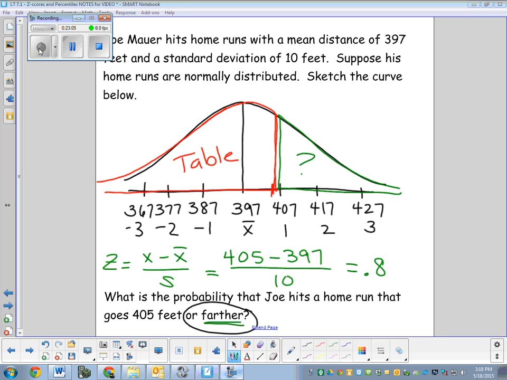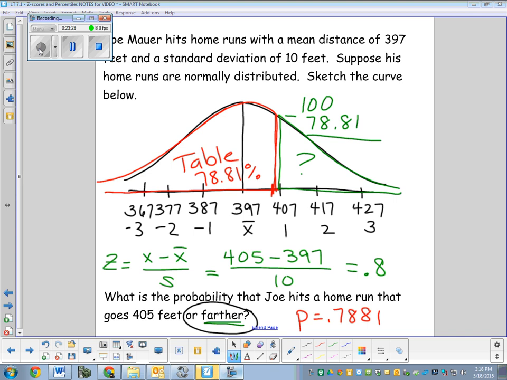When we find it on our percentile table, we should get a percentile of 0.7881, or about 78.81%. But remember, if we want to know the other side of the normal curve, we need to take 100 minus 78.81%.